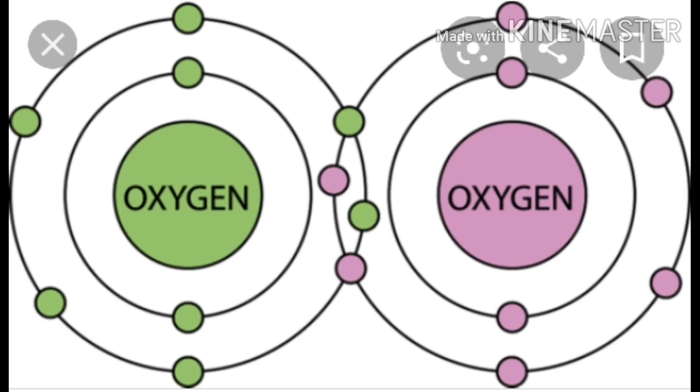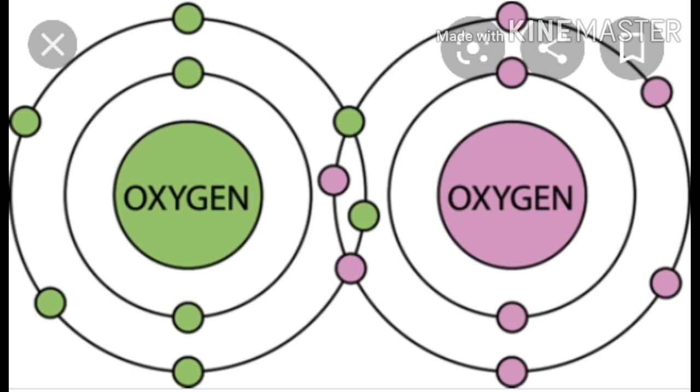So both the oxygen atoms now contain 8 electrons in their outermost valence shell, so that it forms a bond. In the diagram it is clearly given that 2 shared electron pairs are there. So each oxygen atom attained the electronic configuration of the nearest inert gas neon, that is 2, 8, by sharing 2 electrons.